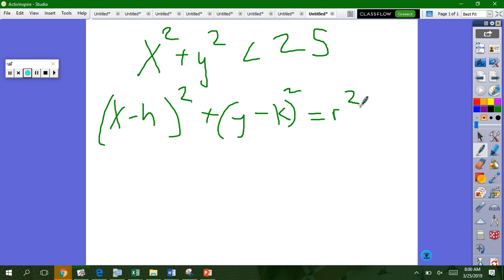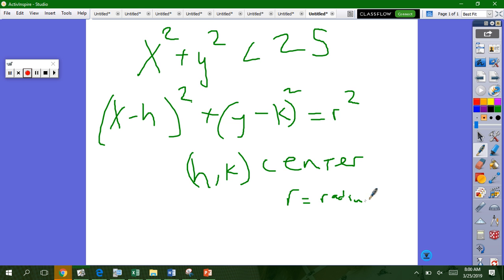Do you guys remember that? Where (h, k) is our center and r is our radius. Yes, everybody remember that? Okay.